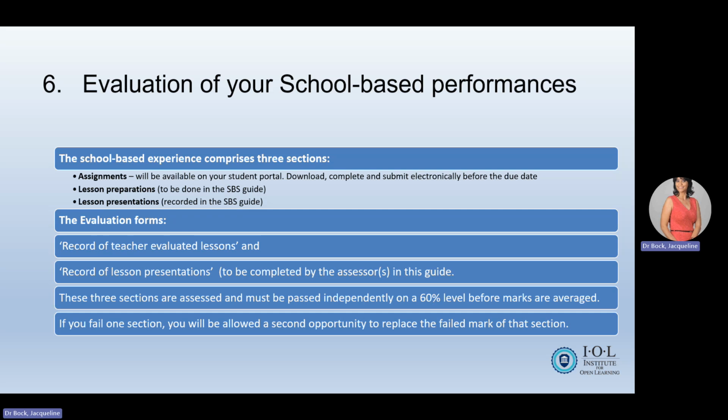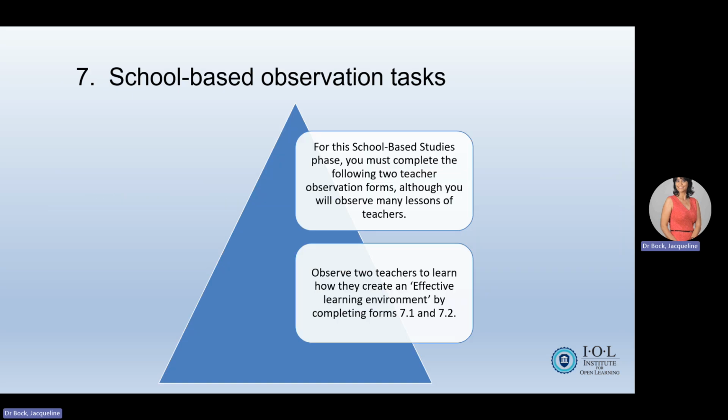In terms of school-based observation tasks, there are tasks in your assignments to observe and write down, and also in your school-based study guide there is an opportunity for you to observe. For the school-based studies phase, you must complete the 2 teacher observation forms in sections 7.1 and 7.2.